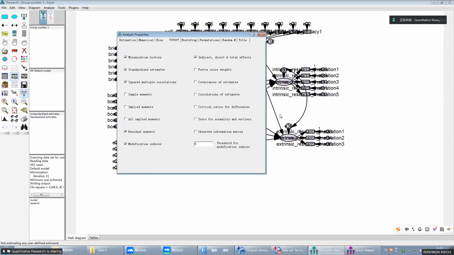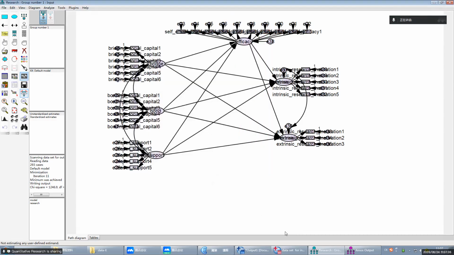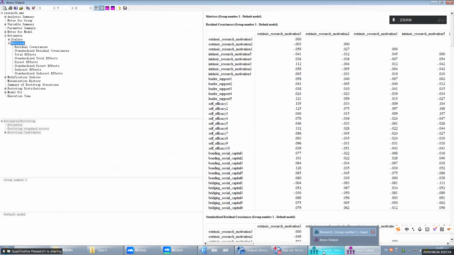It's because we take this one, then Amos reports total, indirect and direct effect. Okay, so you go to indirect effect. You take this one, you click this one.